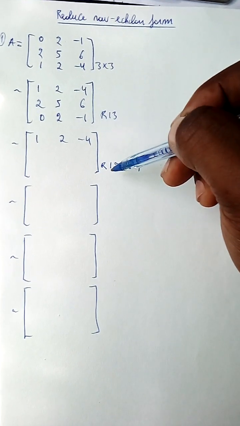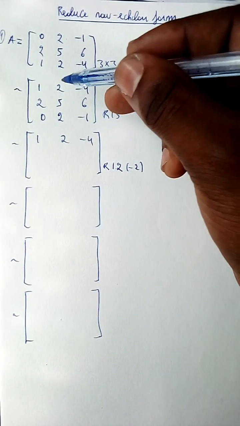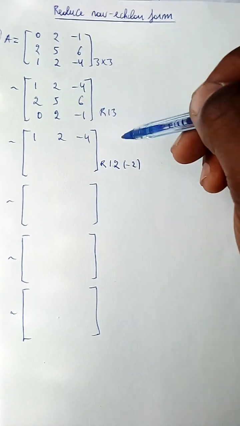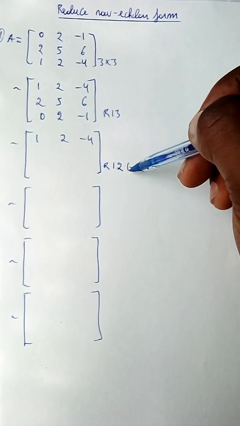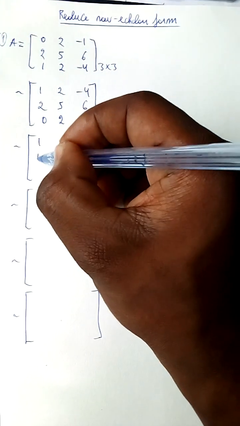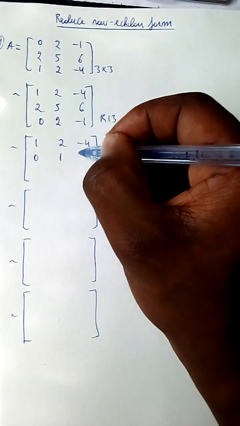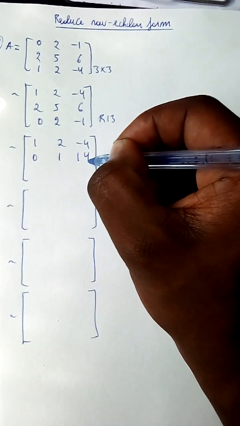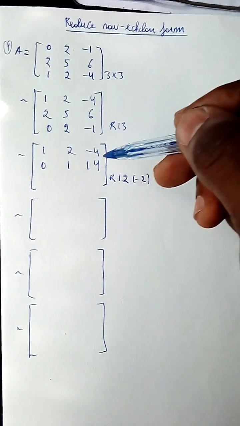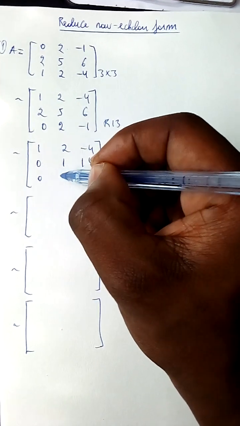We are using the first row to multiply. We're going to multiply -2 with the first row plus the second row. Here we get 0, 1, 14. The third row is still the same.